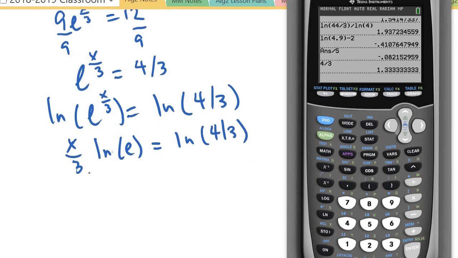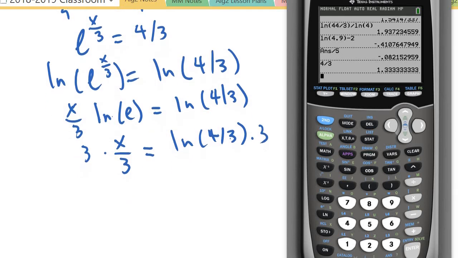Now ln of e is 1, so the left side is just x over 3, and the right side is ln of 4 divided by 3. So I want to get rid of this 3, so I multiply both sides by 3. Then the left side is going to be gone, x is left. I can write this 3 in the front like this, 3 ln 4 divided by 3.